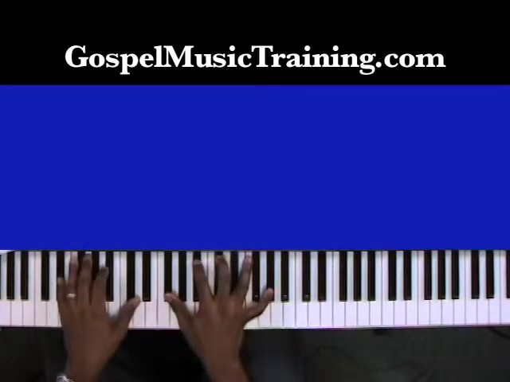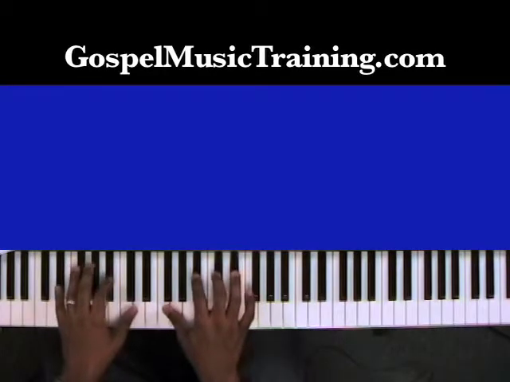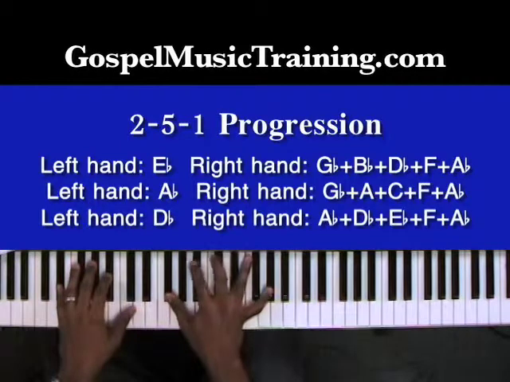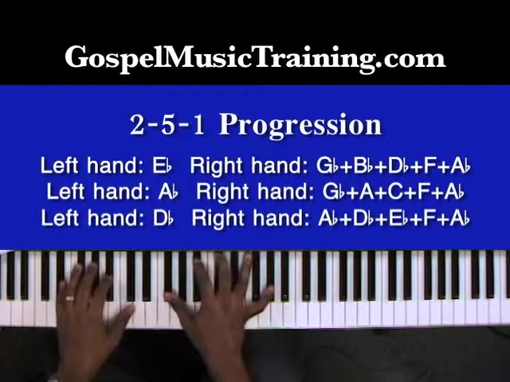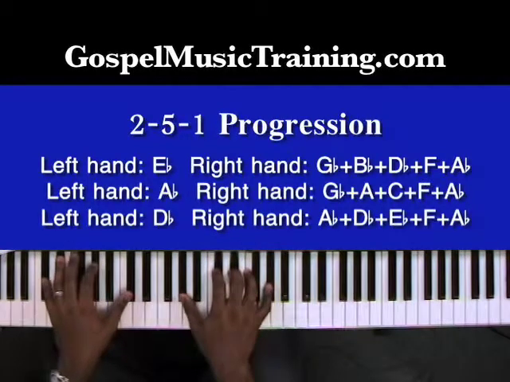Some people like to lower these two notes right here, this B flat and D flat, this minor third interval between them. And you can roll it down, you can roll it up, and it has some tension in it. And then you can come home.